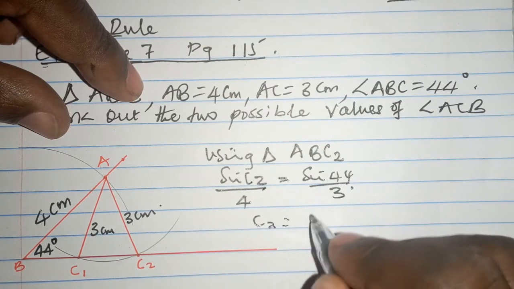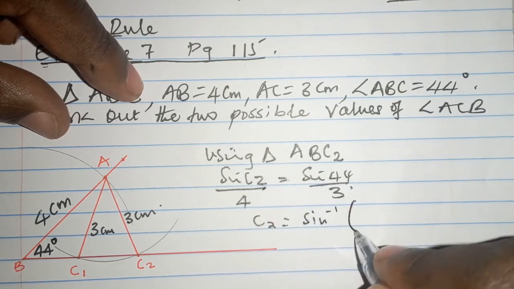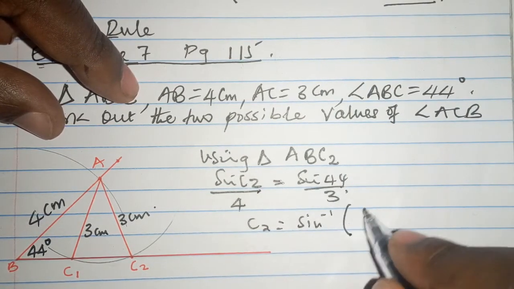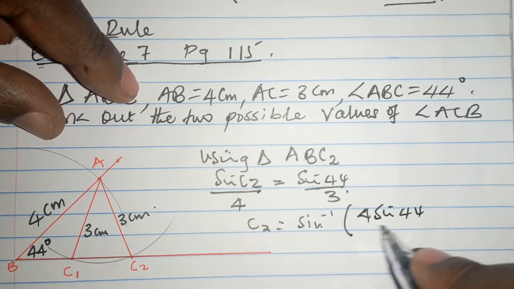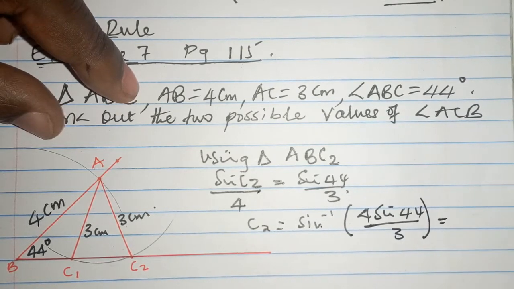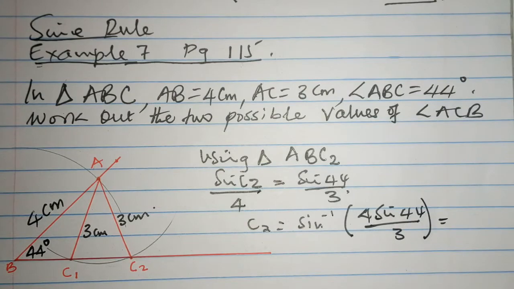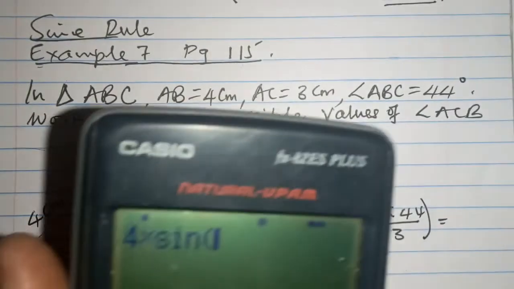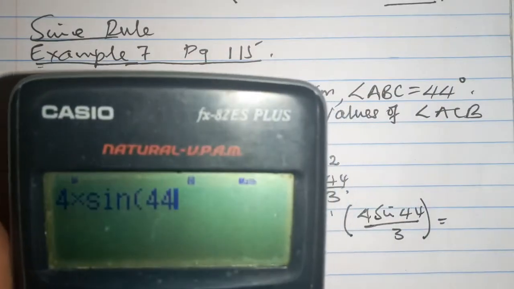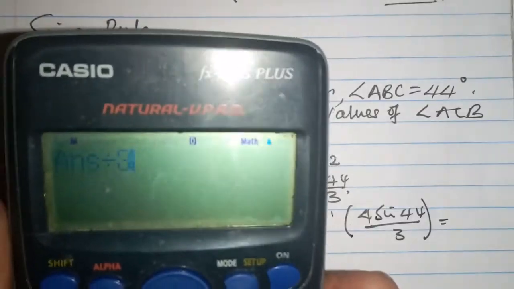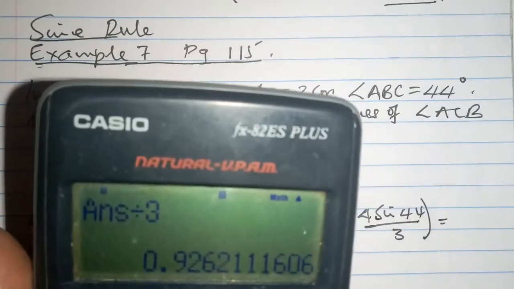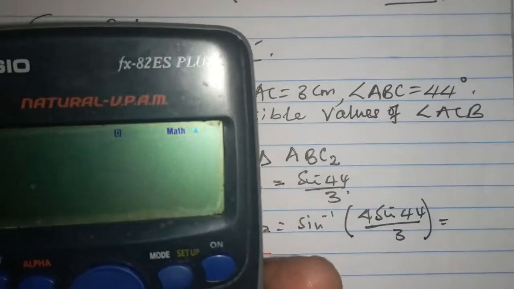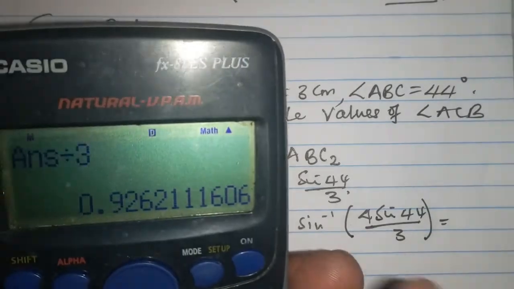And C2 is the sine inverse of 4 sine 44 all over 3, which is how many degrees? Let us find out. 4 times sine 44, divided by 3, equals that.